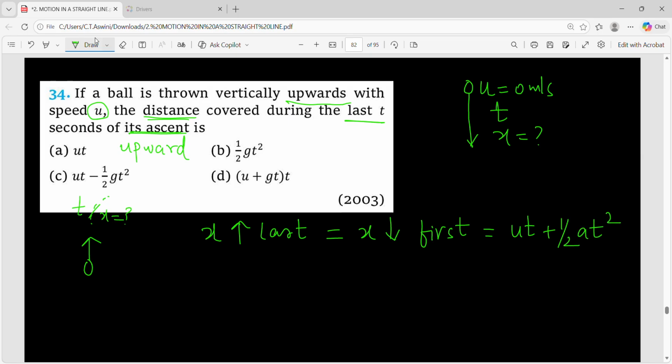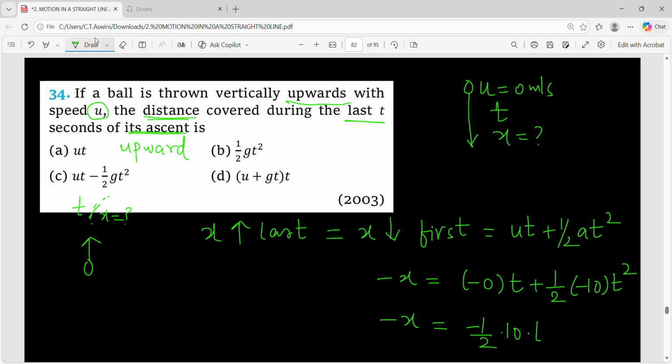It is coming down, so distance is negative, so it is minus x or minus s. Coming down, so u is also negative, so this is minus 0 into t plus a is minus g, t square. Now minus x is equal to minus half into 10 into t square.